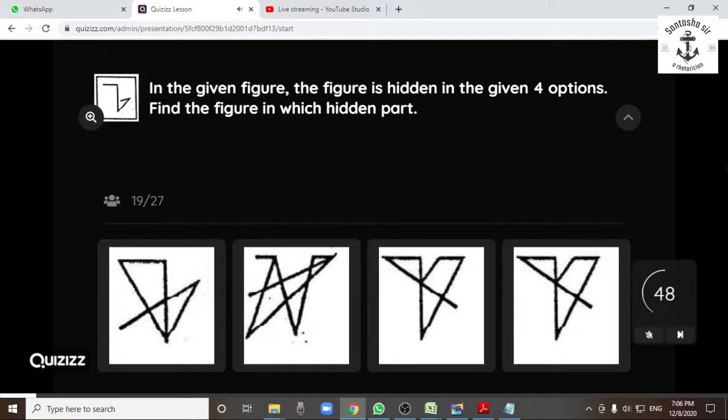Members answered out of 27. So that is why, if we have multiple browsers open, then it will become a problem. 21 members answered out of 28. We have 35 seconds more.